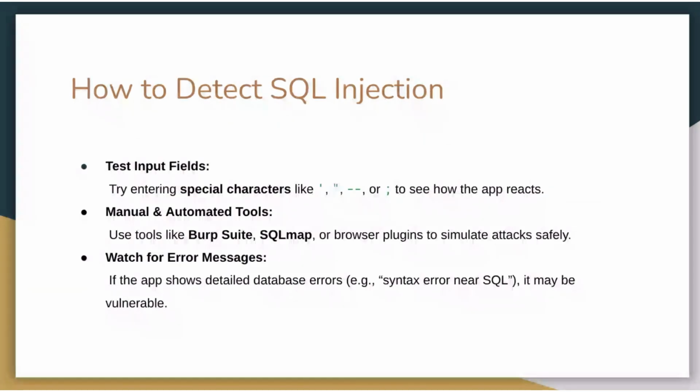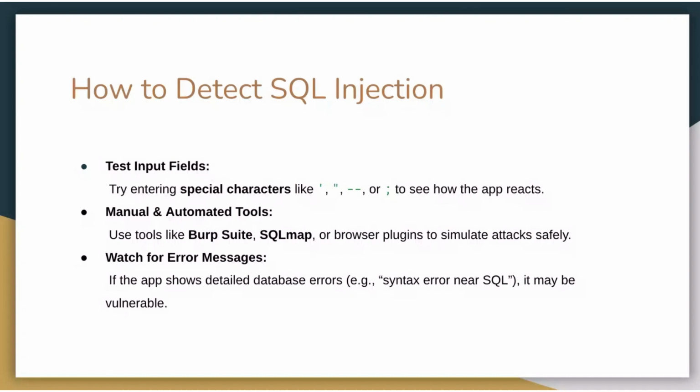How to detect SQL injection? So we can find SQL injection on our website or application. One of the ways is to test the input fields like login boxes, search bars, or contact forms by entering characters such as colon, semicolon, or double quotation marks or single quotation marks, etc., to see whether the app reacts or not.